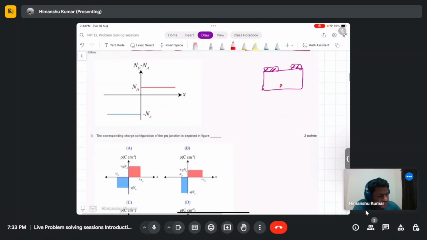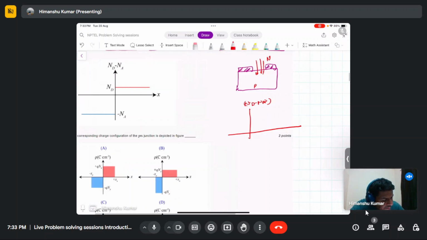Now when you start introducing n-type dopant from here, if you plot N_D minus N_A, at the baseline your profile is N_A at the bulk of the junction, and on this side you are introducing the dopant.